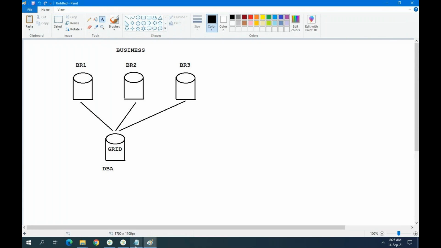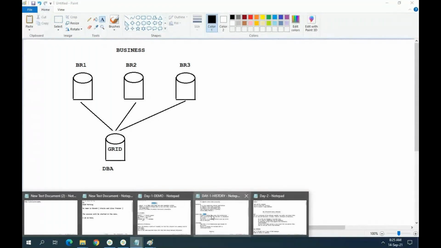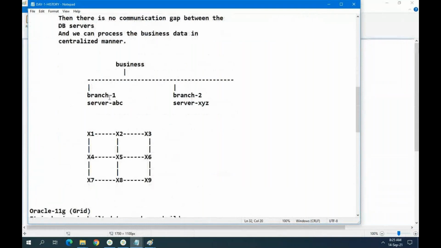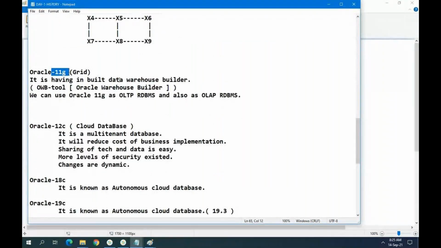Clear? After the grid database, after 10G, we have another version, 11G. What is 11G? It is also a grid database, but 11G supports OLAP and OLTP: online transaction processing, OLTP, and also online analytical processing, OLAP.